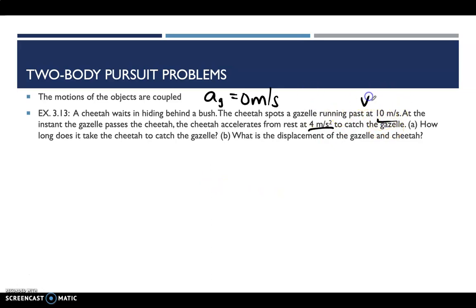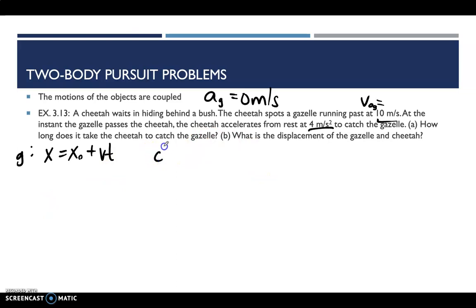So this is our velocity here, of our gazelle. Put a little g there. And so for our gazelle, we can say that x equals x naught plus vt. This is the equation we can use in order to solve for our time.